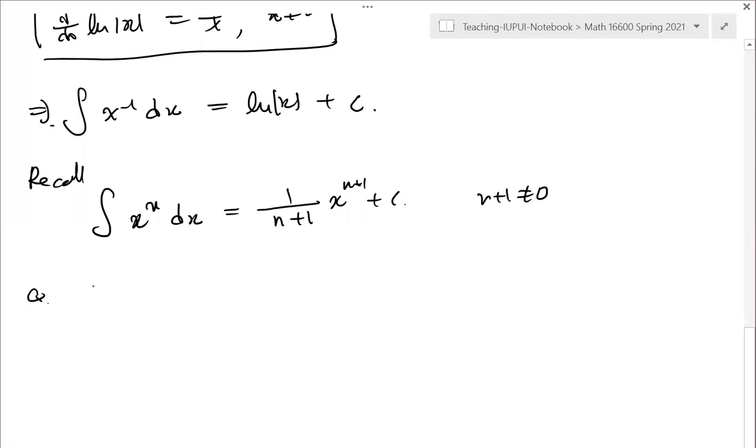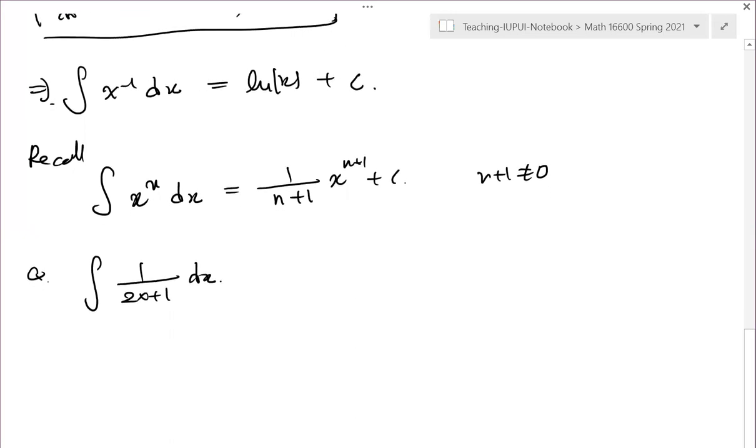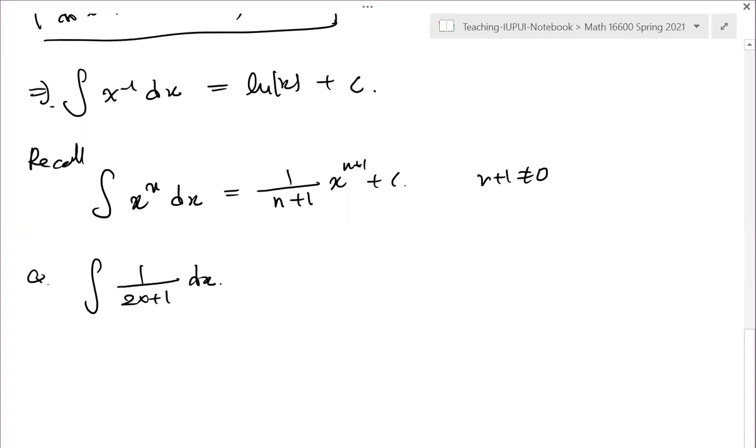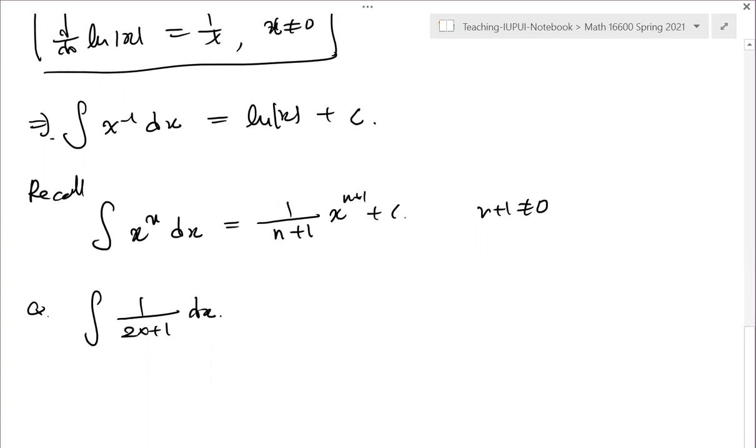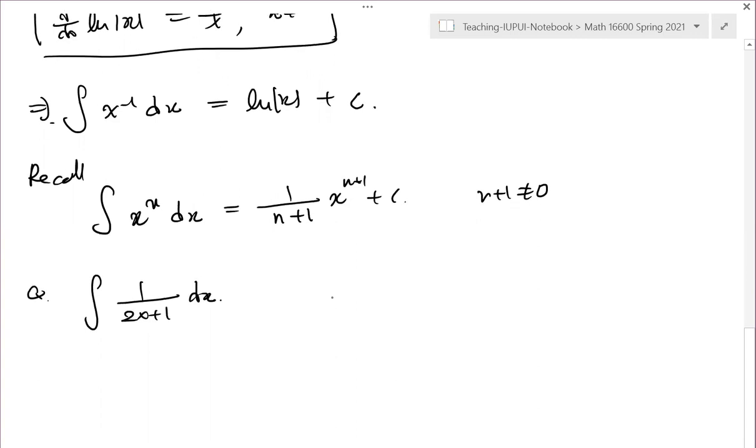Let's evaluate some integrals. Evaluate the integral of 1 over 2x plus 1 dx. Well, this is similar to the integral of 1 over x, but slightly different. You have 2x plus 1 there. So what we do is use a substitution, let u be 2x plus 1. Then du equals 2 dx.